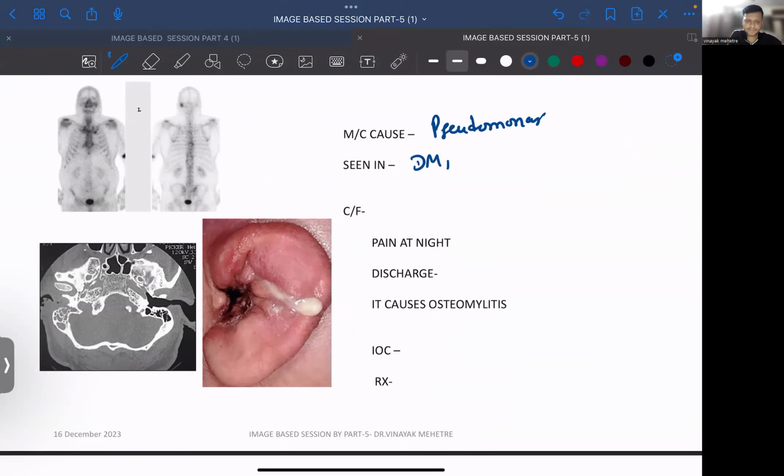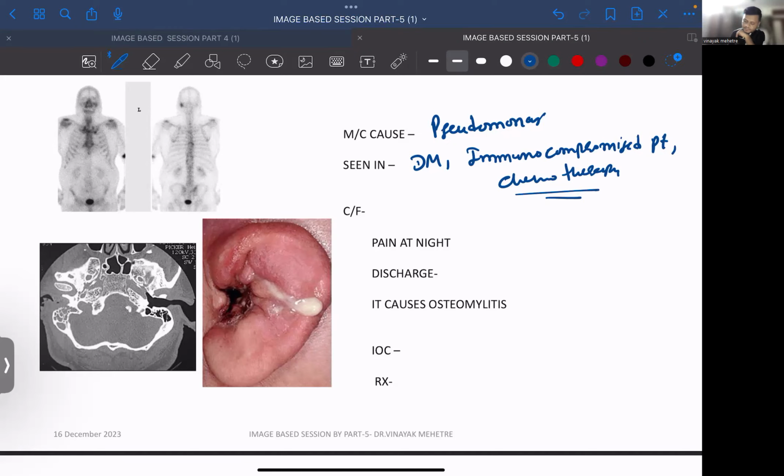Uncontrolled diabetes, right? Immunocompromisation of any kind, right? The patient is taking, for example, chemotherapy. ना? Patient cancer का है, immunocompromised है, right? So over there also we will be able to see it.